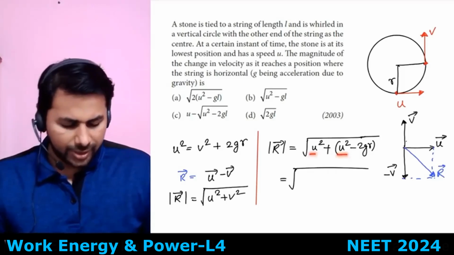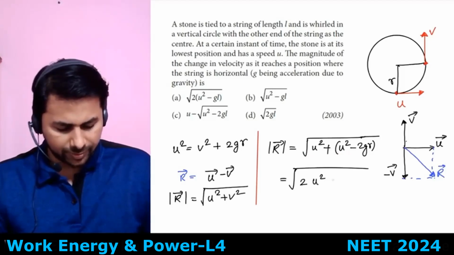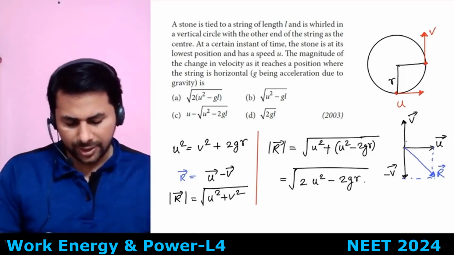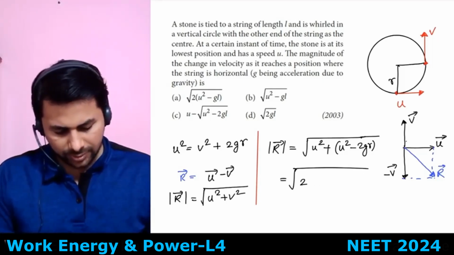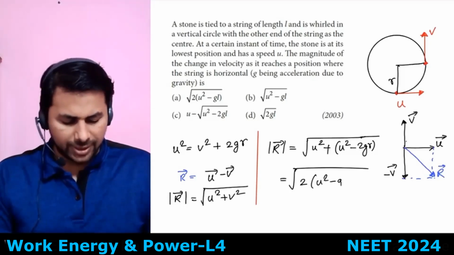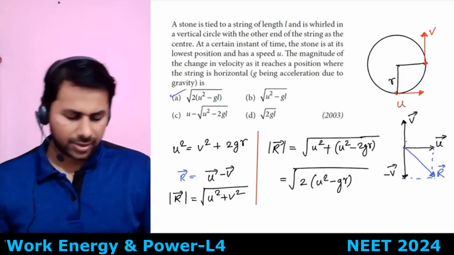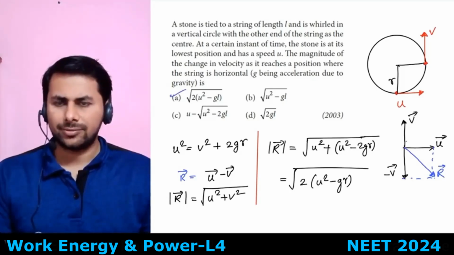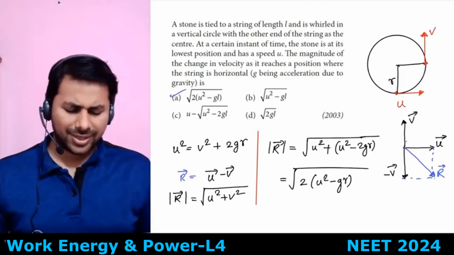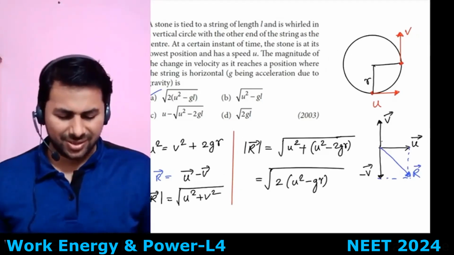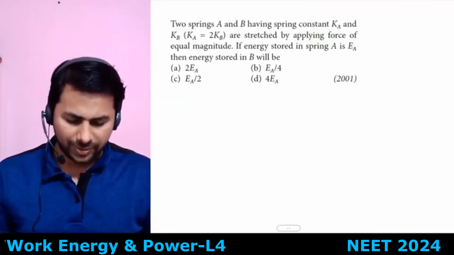So this will be 2u square minus 2gr. This is the answer. But you can take 2 common, so it will be u square minus gr. So it is option A. You can take r equals L, the length of the string. So this is simple. Not as simple as previous problems, but this will take a little bit of time, I can say more than 1 minute.